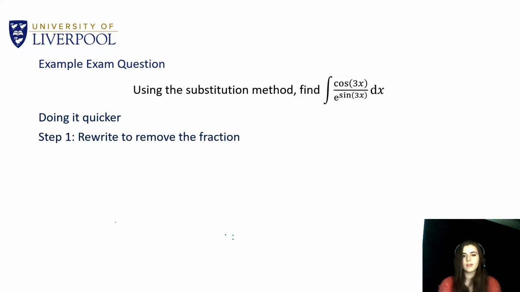So the first thing that I do is rewrite the equation to remove the fraction. And what I mean by this is just getting rid of the fraction line and changing the powers to reflect this. So in this case, you remember from your knowledge of powers that we can rewrite it as cos 3x times e to the minus sin 3x dx.